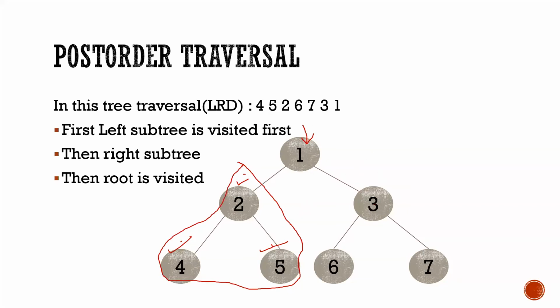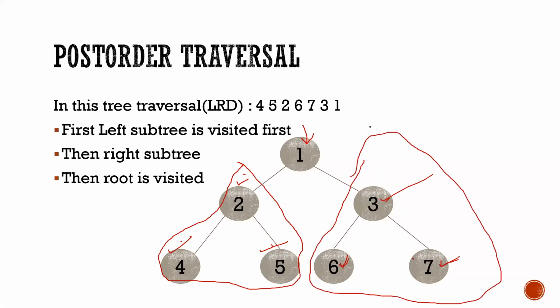For the right subtree 6 3 and 7, the root node is 3, the left node is 6, and the right node is 7. So first left node 6, then right node 7, then root node 3. So the whole right subtree is also completed. Then after that we come to the root node, that is 1. Shall I explain it again?